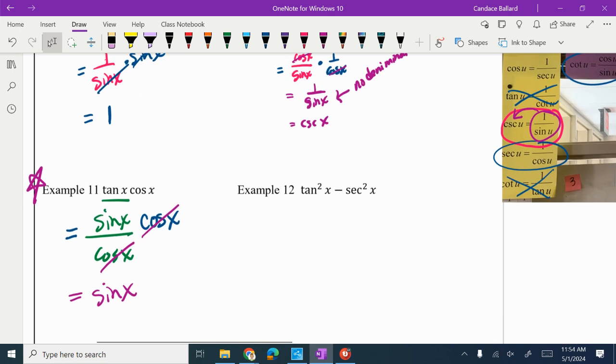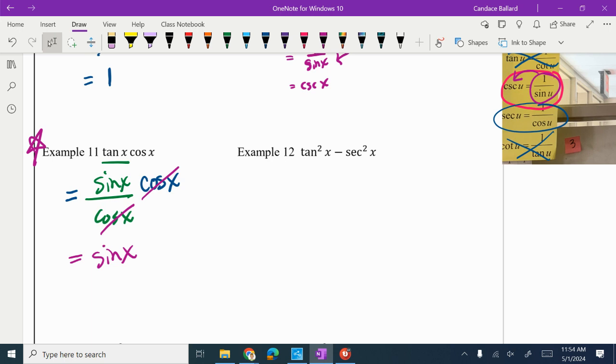Let's take a look at the next one here. Anytime I see squared things, I think the pink Pythagorean identities. I call them the pink Pythagoreans because that's the color of the sign.